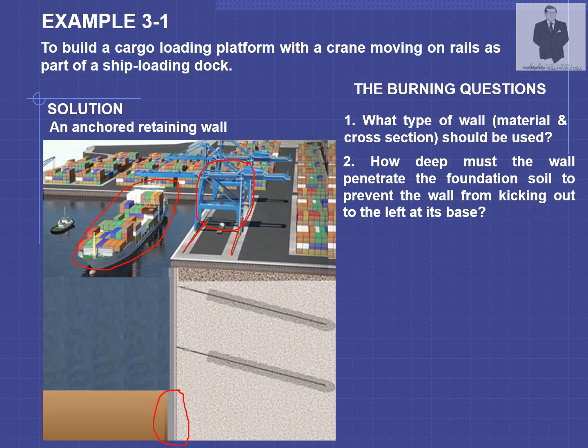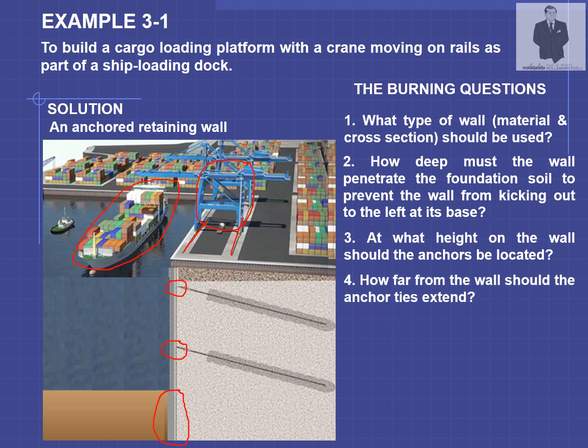We don't want this. The third question, at what height on the wall should the anchors be located? Now, positioning of the anchors is also important in the design of anchored retaining structures because they provide necessary resistance for the retaining wall.